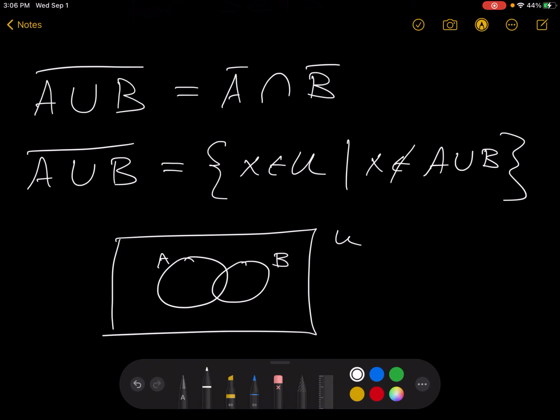So what it means for x to not be in A union B, that means that you've got to be out here.